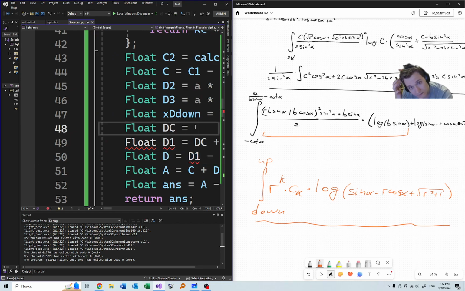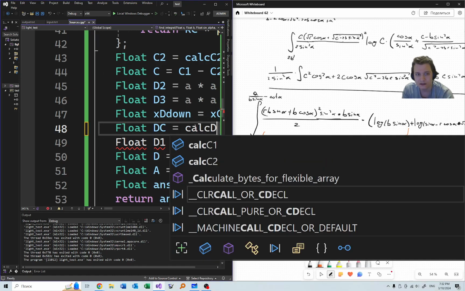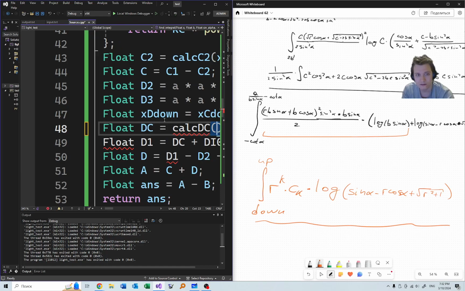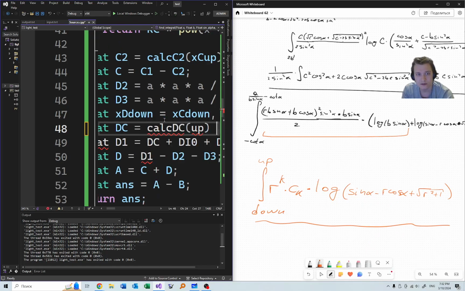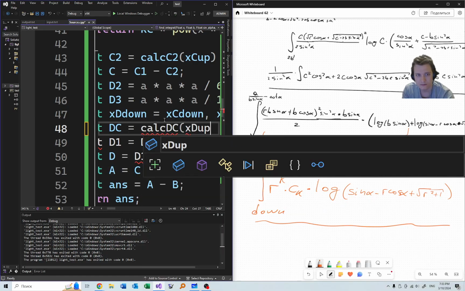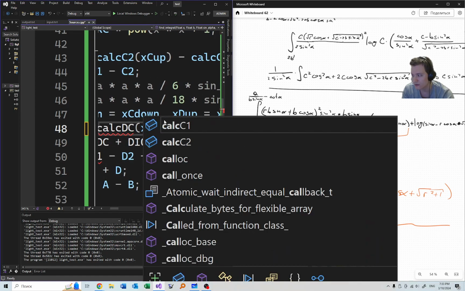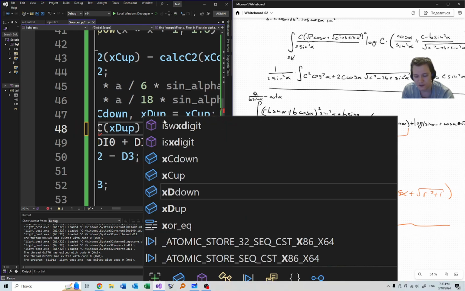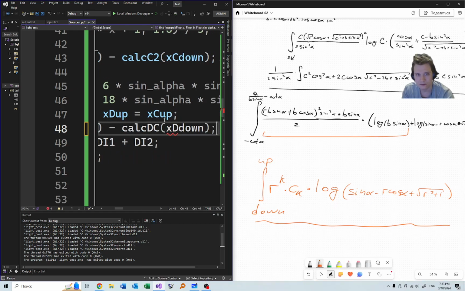Then dc equals calc dc of xt up minus calc dc of xt down.